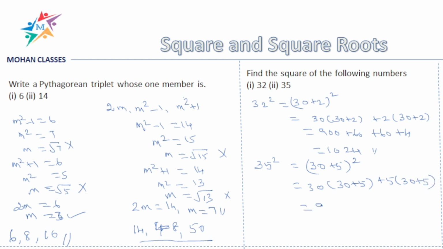That is equal to 900 plus 150 plus 150 plus 25. So what you will get? 900 plus 300, 1200, 1225. 35 square is 1225. This is the method you can use to find the squares of the numbers.